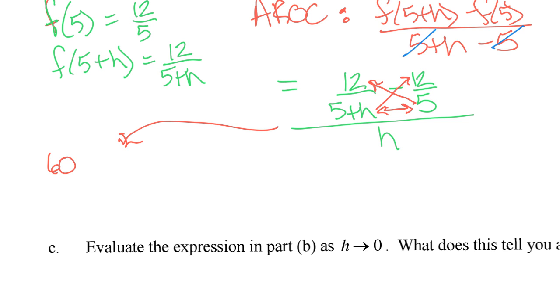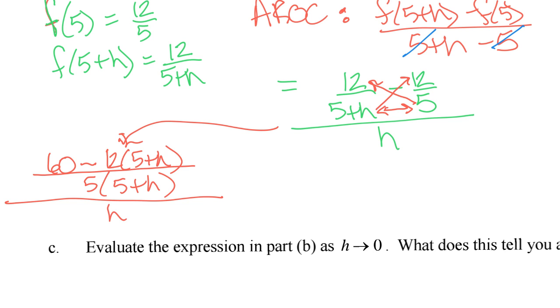So 5 times 12 is 60 minus 12 times 5 plus h all over 5 times the quantity 5 plus h. And all of that is over h.